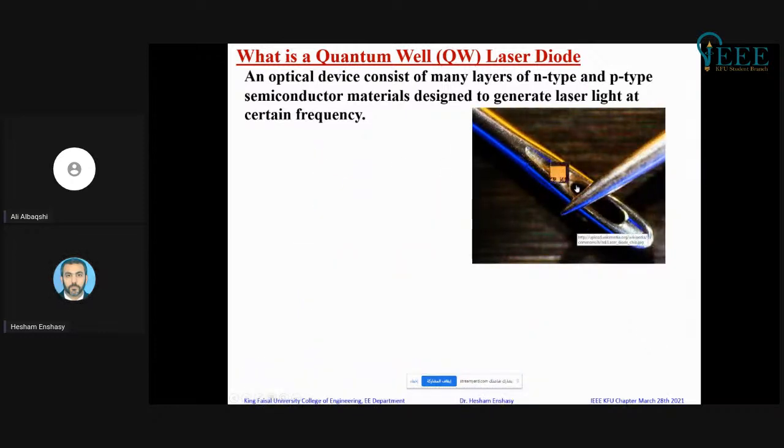So this is a real image of a laser diode, and this laser diode is compared with a needle eye. You can see how small this laser diode is, basically it's smaller than the needle eye. You are talking about 300, 400, 500 micron dimensions, which is less than 0.5 millimeter.